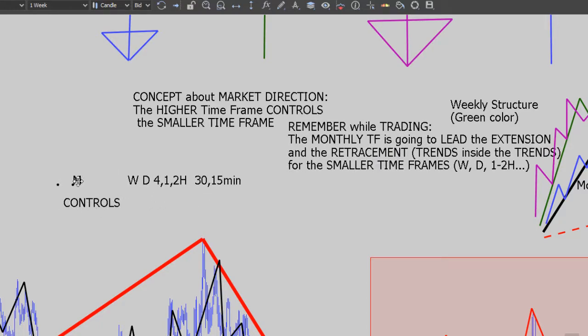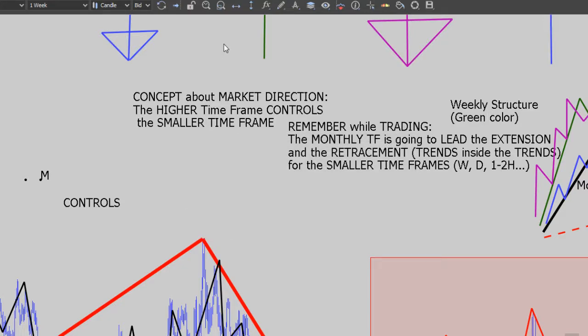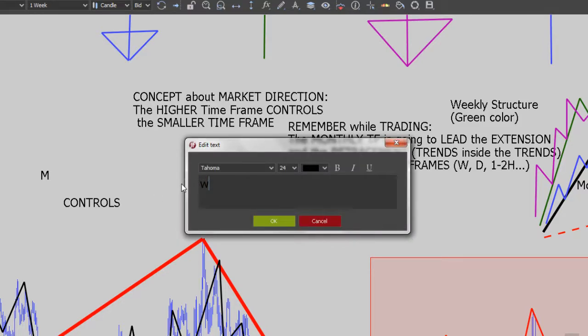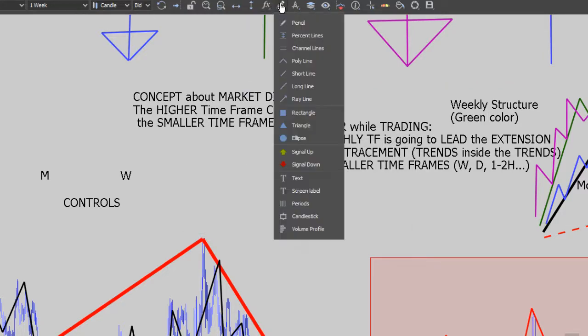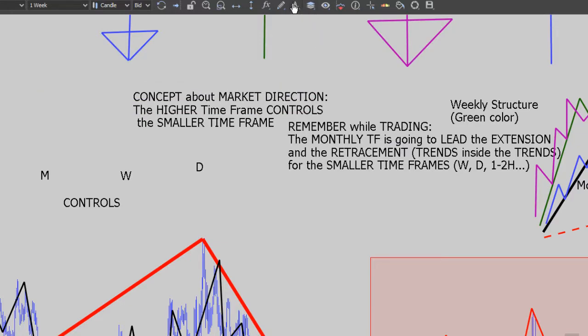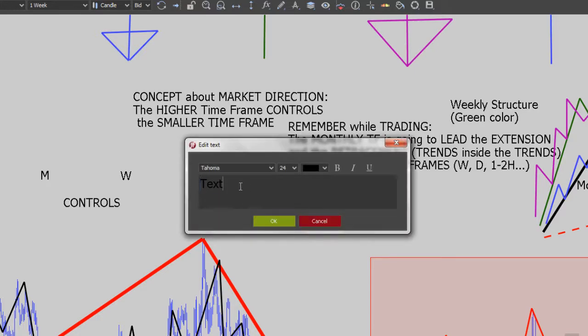Okay, edit label, sorry about that, everybody. So monthly, you have the weekly, right? The weekly, and text, you have the daily, and you have the 4/2/1 hour.